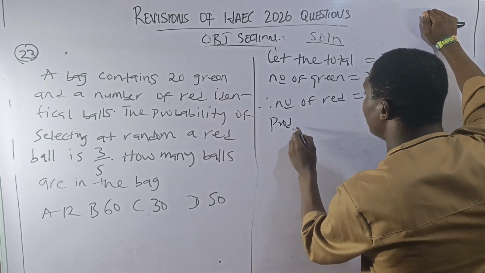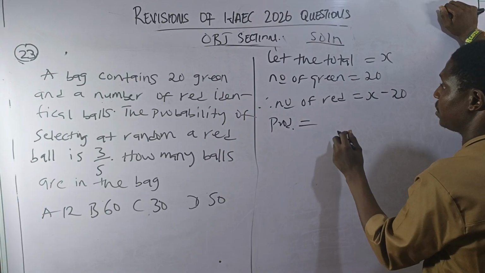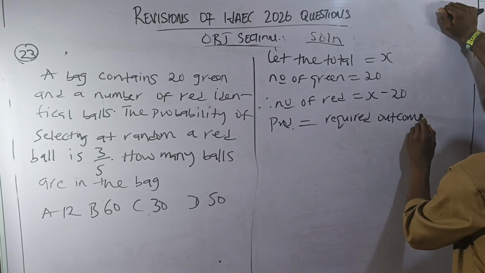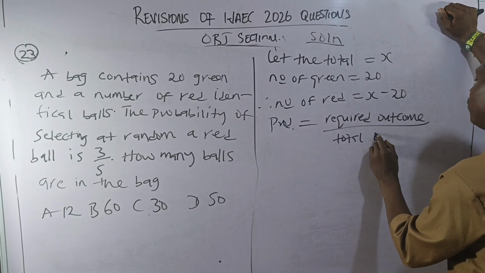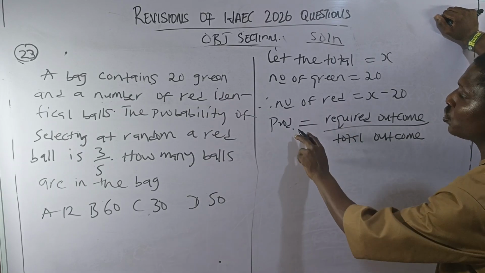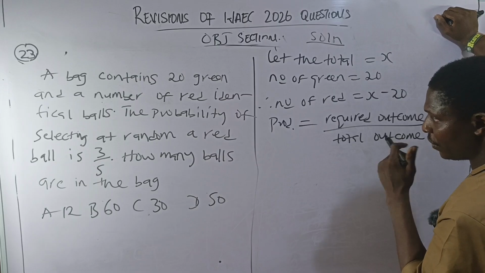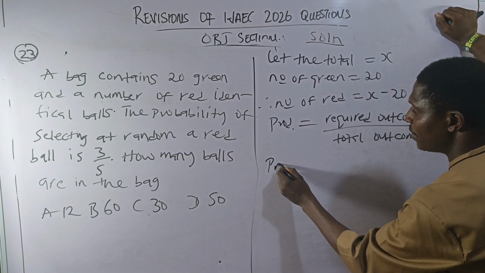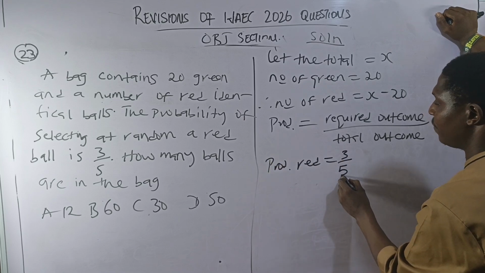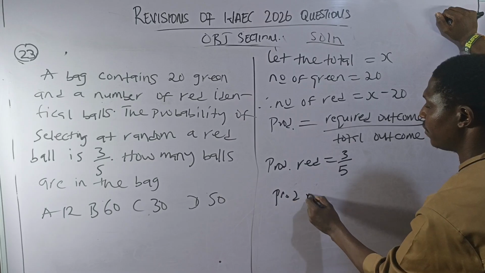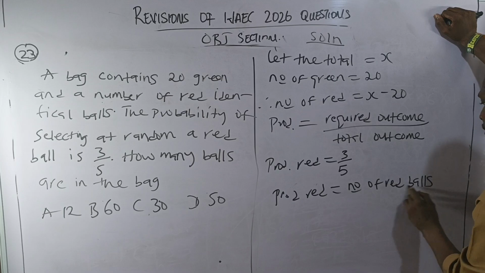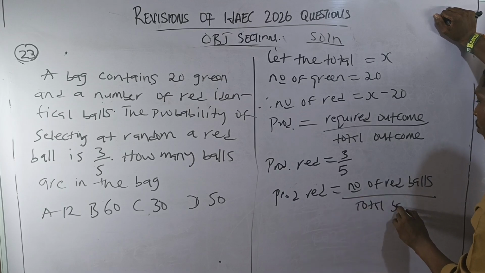Now, they said the probability of selecting at random a red ball is 3/5. Remember, probability is equal to required outcome all over total outcome. Some textbooks use required outcome all over possible outcome. So the probability of a red ball was given as 3/5, and probability of red is the number of red balls all over total balls.